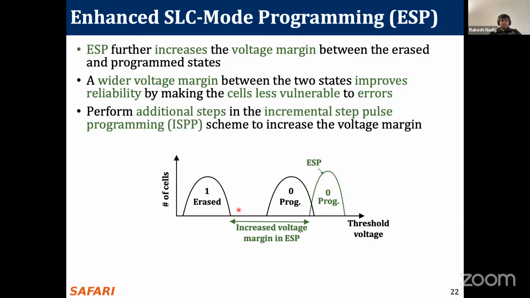This is done by performing additional steps in the incremental step pulse programming technique, which is the typical technique used for programming in flash memory. Here you can see that the voltage margin is much wider, and the distribution of flash cells has also become much leaner compared to the previous technique.